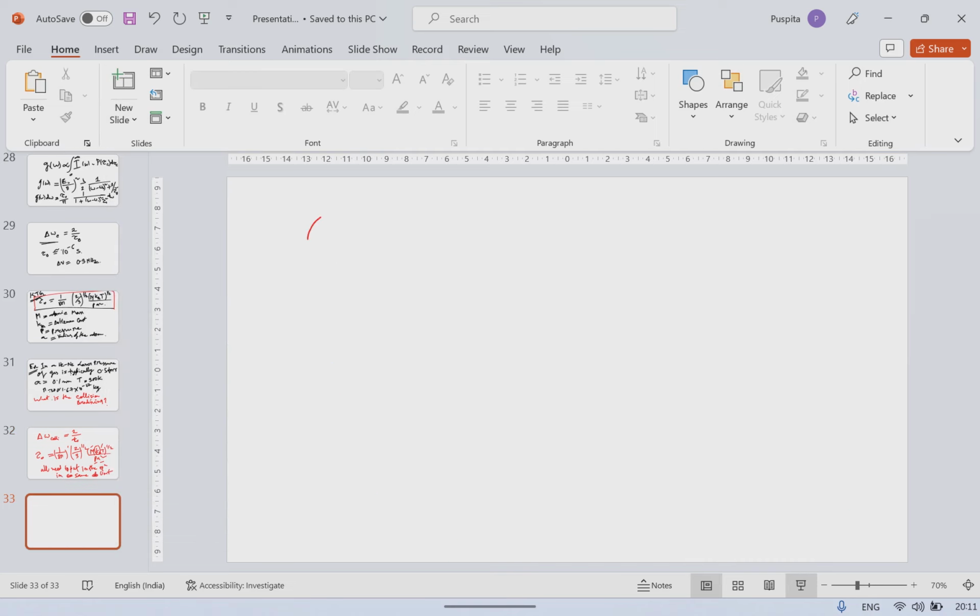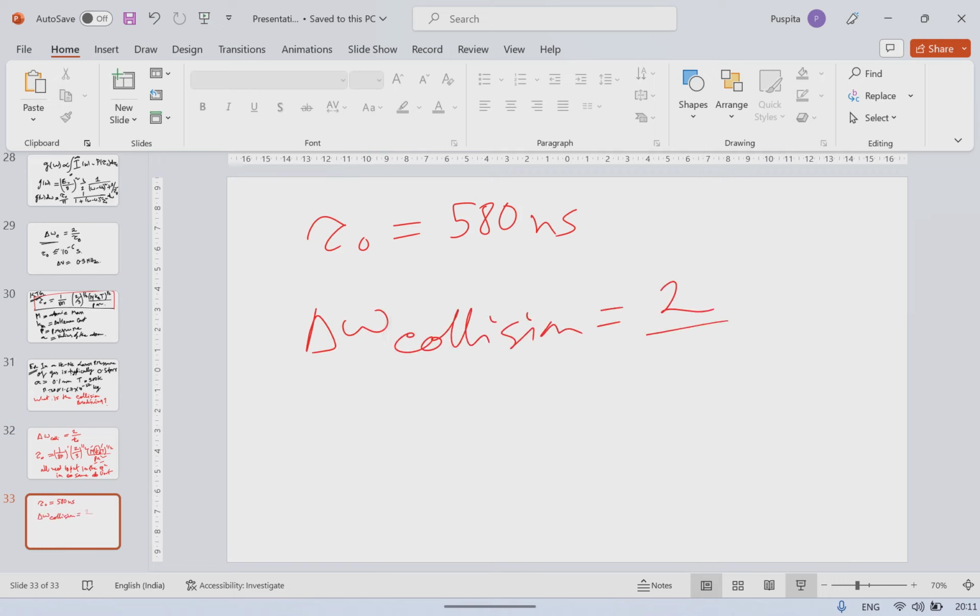We will get τ0 equal to 580 nanosecond, and ω collision will be 2 by 580 into 10 to the power minus 9 hertz.